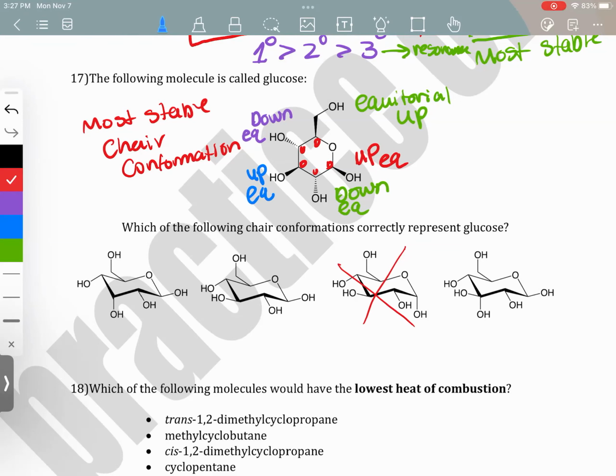What else can be eliminated automatically? 3, 4, right. You see an extra OH here. We're only supposed to have what? 1, 2, 3, 4, 5. We're only supposed to have 5, and this one has 6. So that is out of the question. So we're between 1 and 2. Which one represents what we drew?